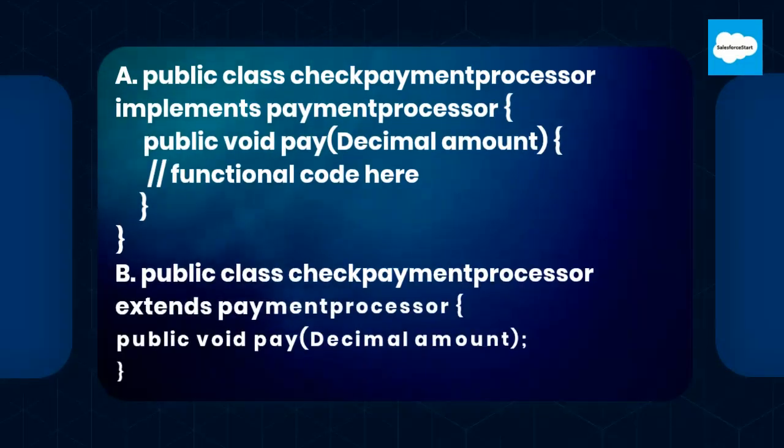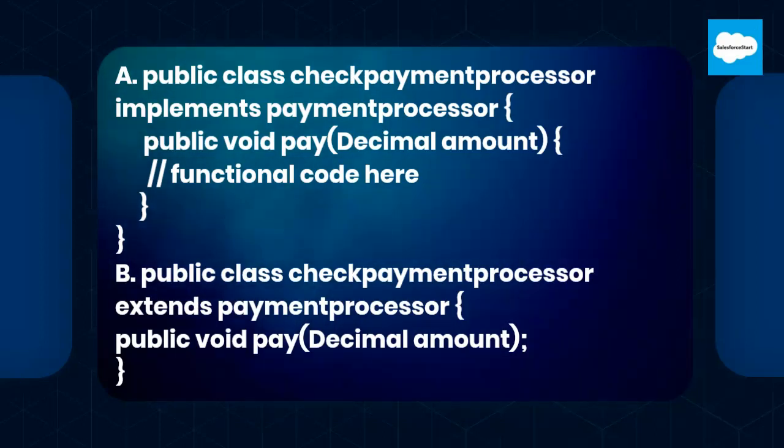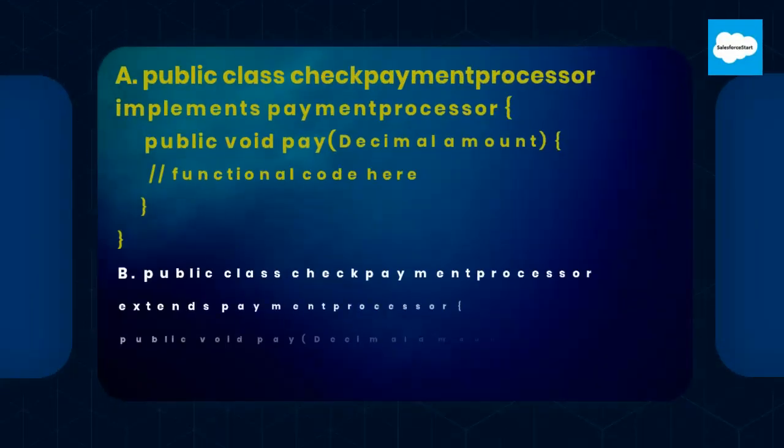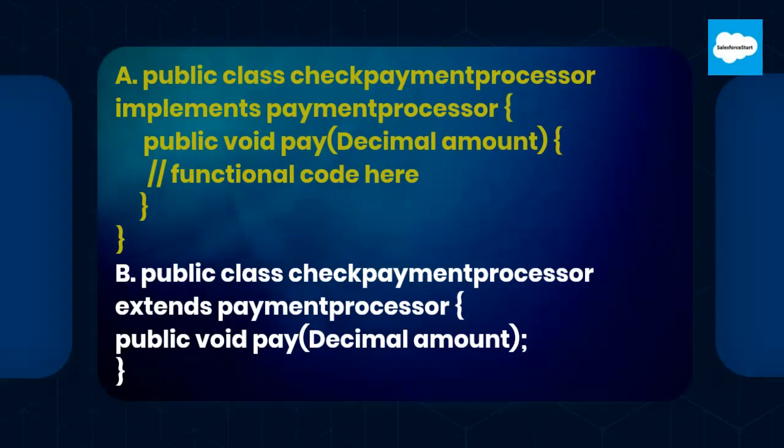A. Public class CheckPaymentProcessor implements PaymentProcessor, public void pay(Decimal amount) // functional code here. B. Public class CheckPaymentProcessor extends PaymentProcessor, public void pay(Decimal amount). The answer is A. Public class CheckPaymentProcessor implements PaymentProcessor, public void pay(Decimal amount) // functional code here.